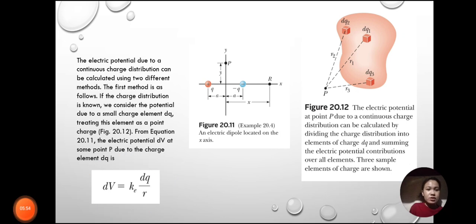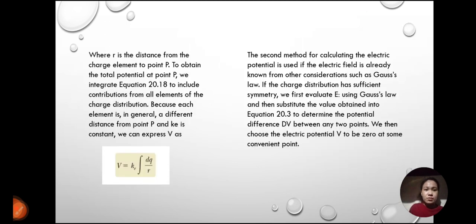So the electric potential at a point P due to a continuous charge distribution can be calculated by dividing the charge distribution into elements of charge dq and summing the electric potential contributions over all elements, where r is the distance from the charged element to point P. To obtain the total potential at point P, we integrate equation 20.18 to include contribution from all elements of the charge distribution because each element is in general a different distance from point P and Ke is constant.